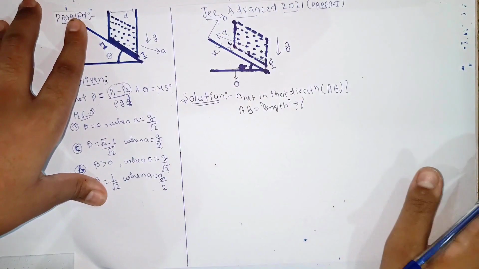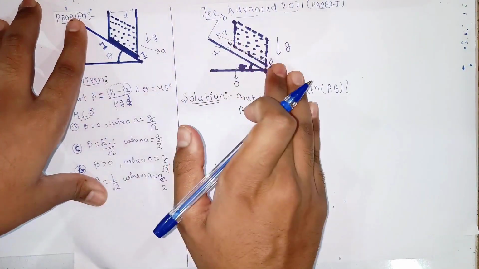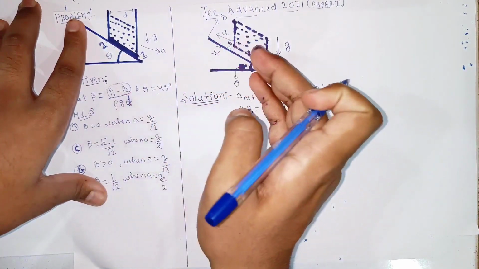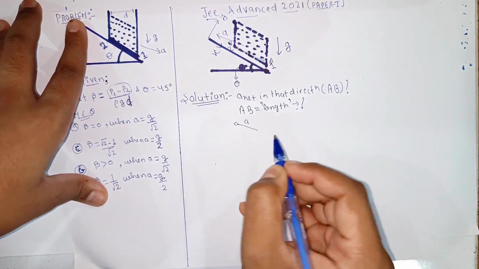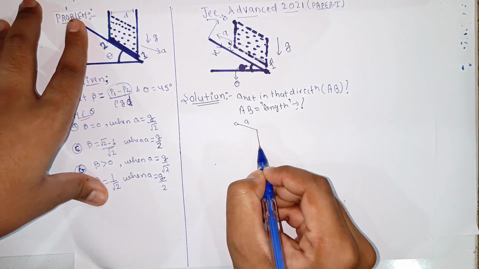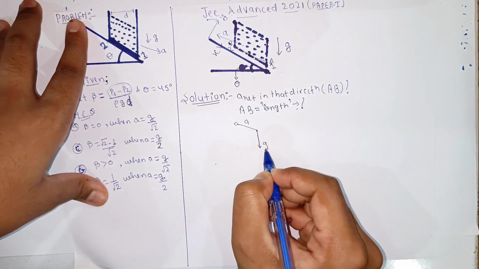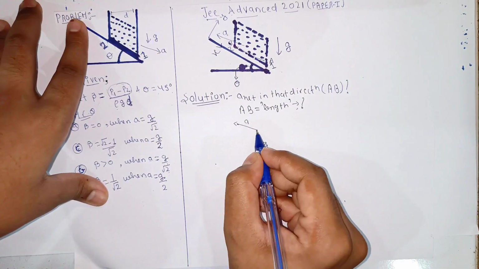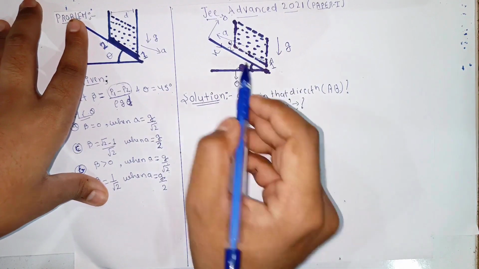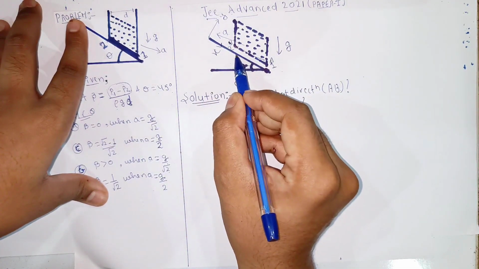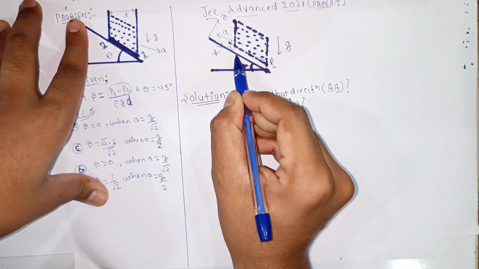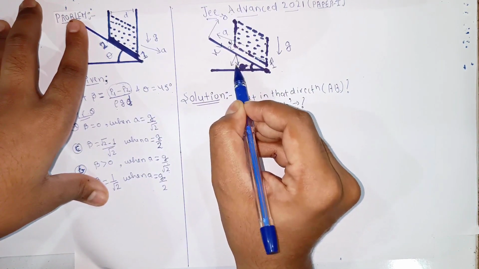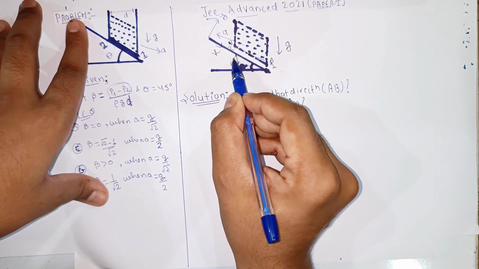So how to find the net acceleration? See, in this direction one acceleration is A, and G is acting like this, so it's obvious it will have two components that you can easily resolve. If this is the direction of G, then this will be 90 and this will be theta.